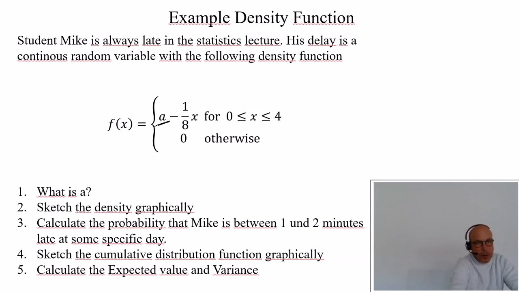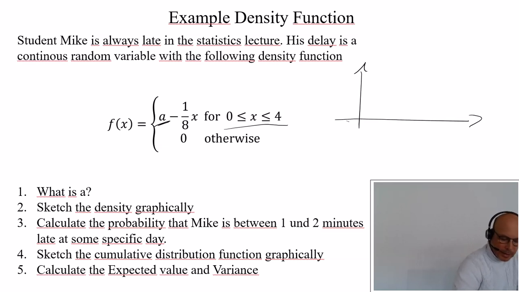How do we obtain, if this linear function is the density within the interval of 0 to 4, how does our density function then look like?